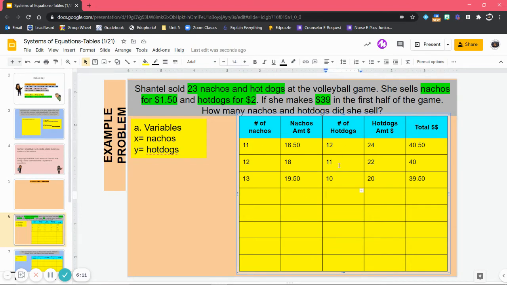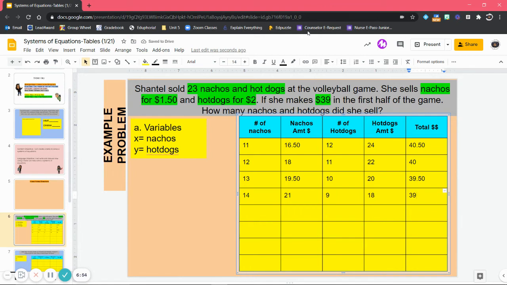Okay, so let me try to go down to 9 hot dogs. That means I've got to add the other one to nachos, so that puts me at 14. For 14 nachos, I multiply that times my $1.50, which means it's $21 for nachos. Then the hot dogs, I do the same thing, but these are $2 each, so 9 hot dogs times $2 each is 18. Then I add the 21 and $18, and 21 plus 18 is equal to $39.